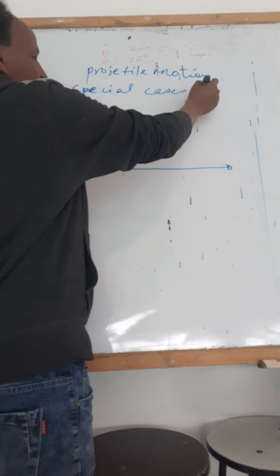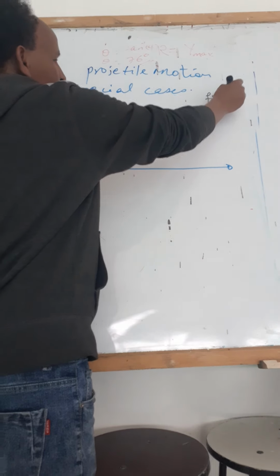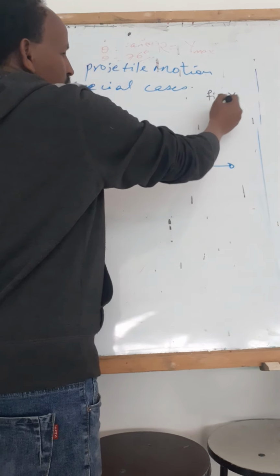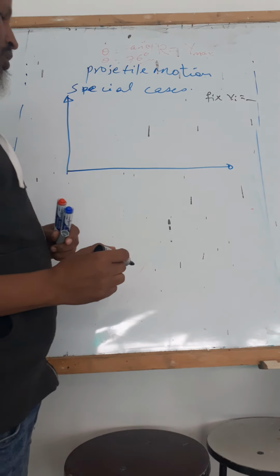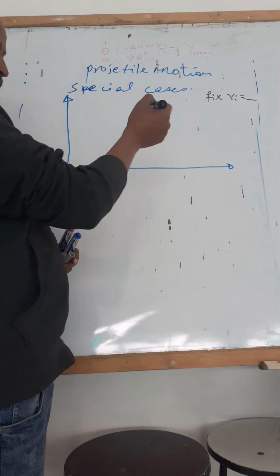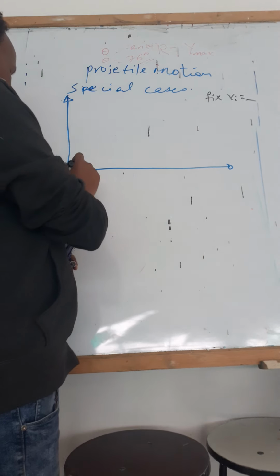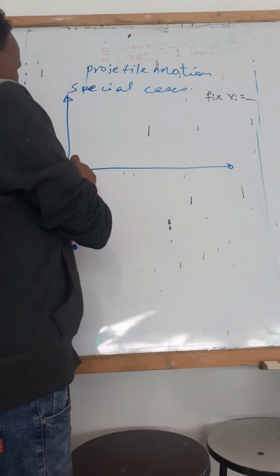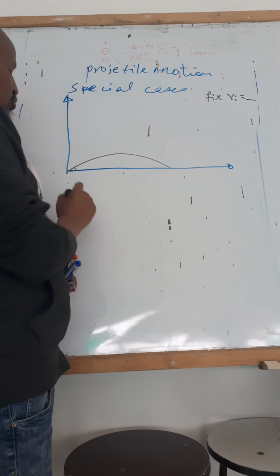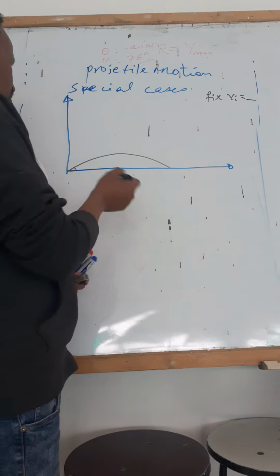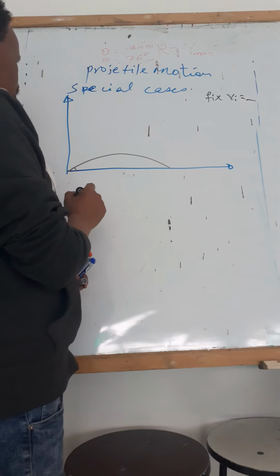Here we fix your initial velocity to be some fixed value, finite or a small value. So you start to project with a very small angle, and you get such.